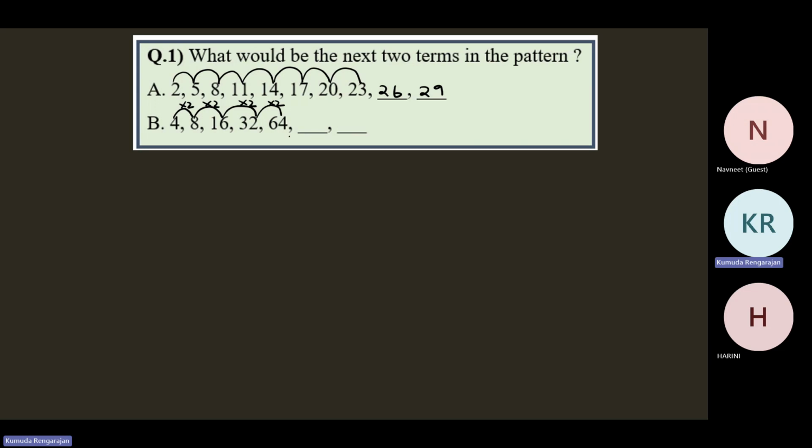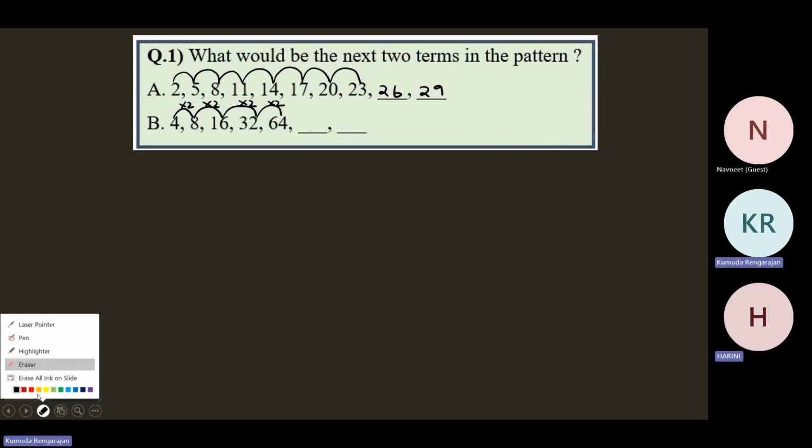So what will be the answer here? What should you multiply? 64 into 2, ma'am. 64 into 2, which is 128. Yeah, work the next one and tell me, Harini.